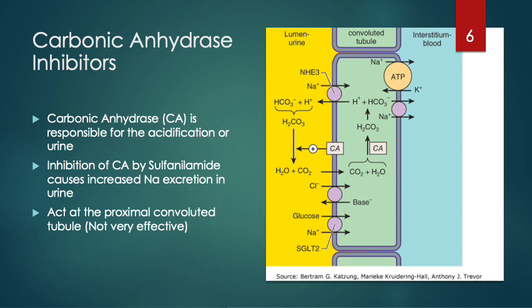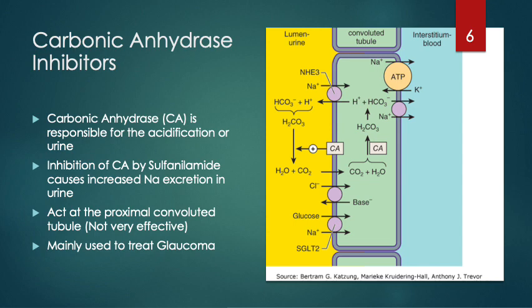These carbonic anhydrase inhibitors mainly act at the proximal convoluted tubule, but they're not very effective because most of the sodium that they will cause to be excreted is actually going to be reabsorbed further down the kidney. So overall, carbonic anhydrase inhibitors only increase the sodium excretion by about 2%.